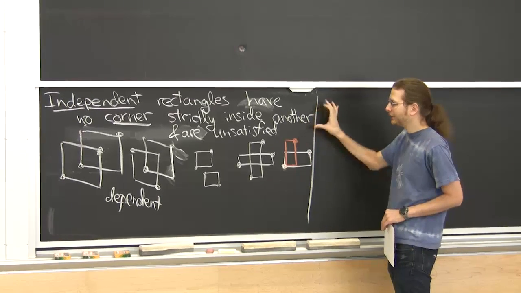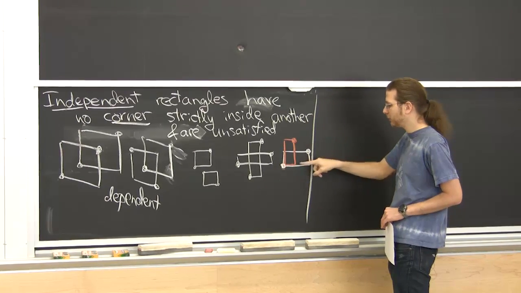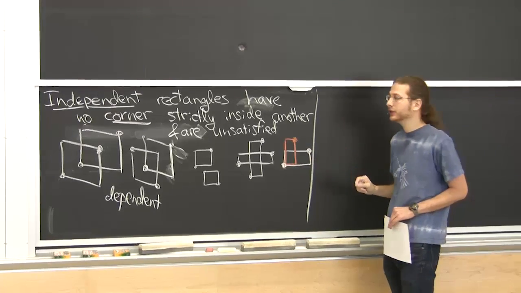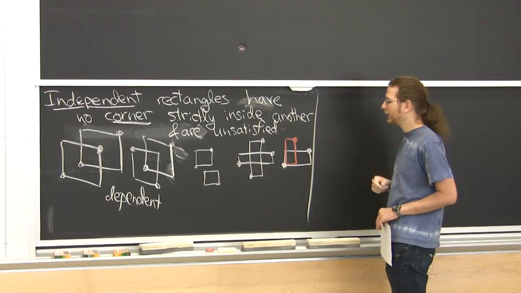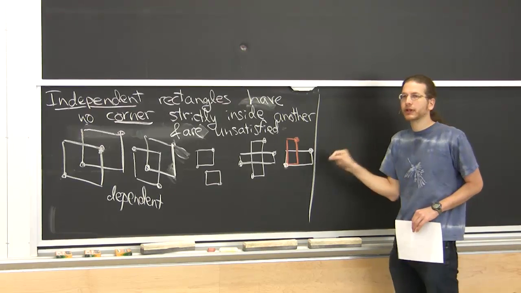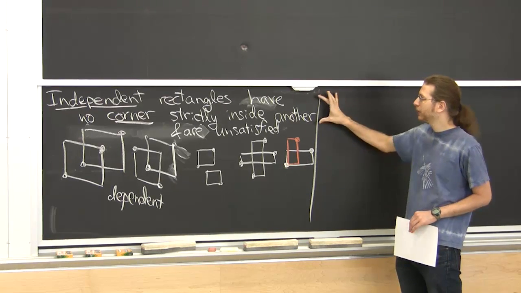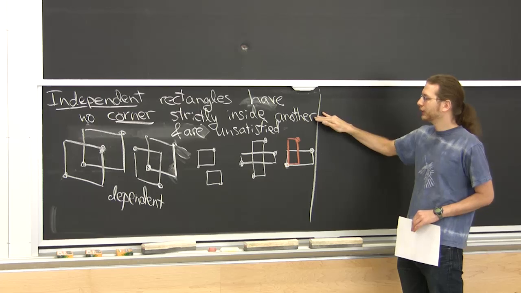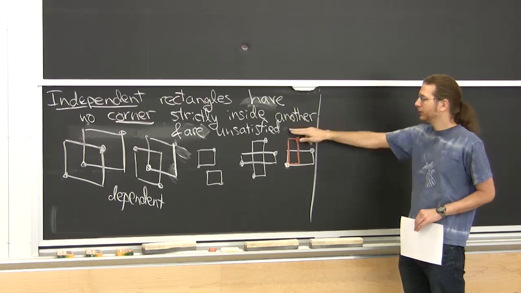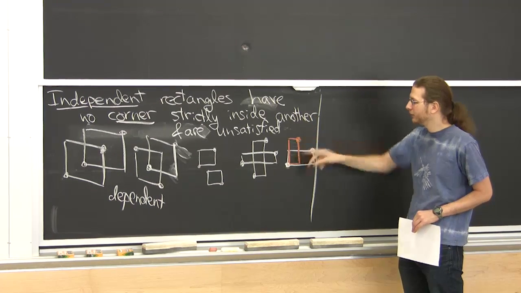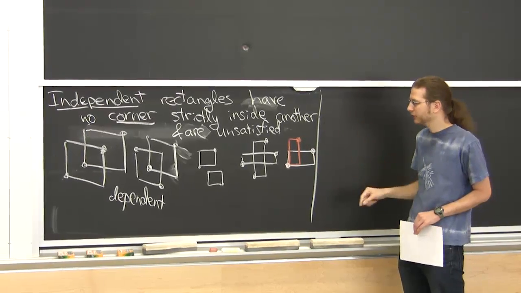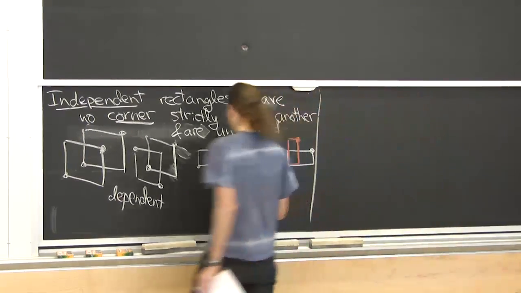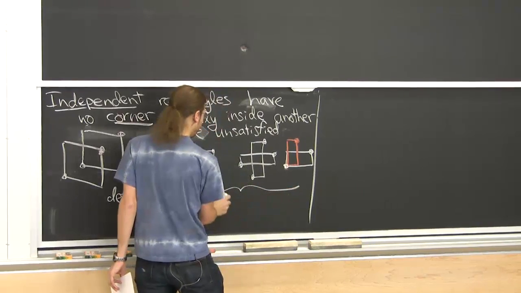And if you check, it does satisfy this condition, so no corner is strictly inside the other. But we also need that the rectangles are unsatisfied. So this is saying that there's no other point even on the boundary of the rectangle. So this part says there's nothing strictly inside, but we also need that on the boundary there's no other points. So this is the only situation other than reflections where you get this working out as independent.